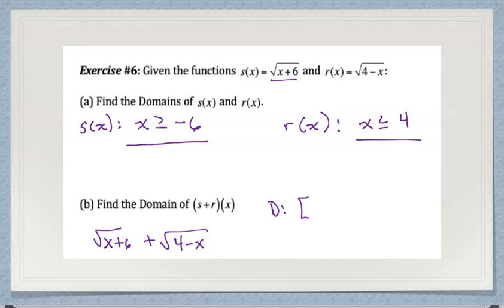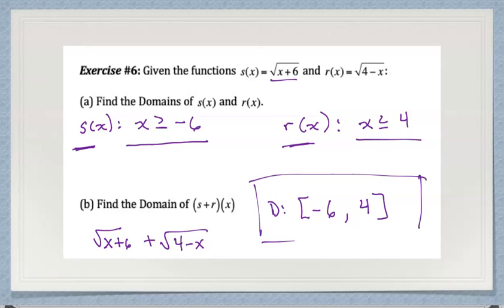So I have all the numbers from negative 6 to 4 inclusive, but nothing outside of it: nothing greater than 4, because that would be outside of r of x, and nothing less than negative 6, because that would be outside of s of x. So this is my combined domain. I have to take into account both functions.